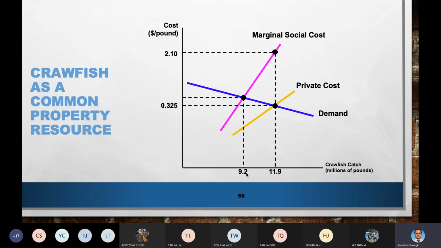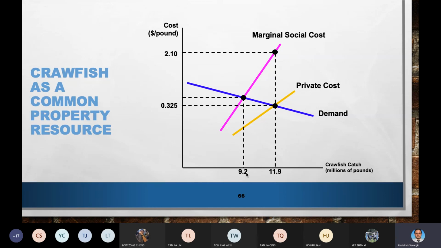Let a single owner manage the resource. But in this case, it is difficult to give a private party control over something which is public property.